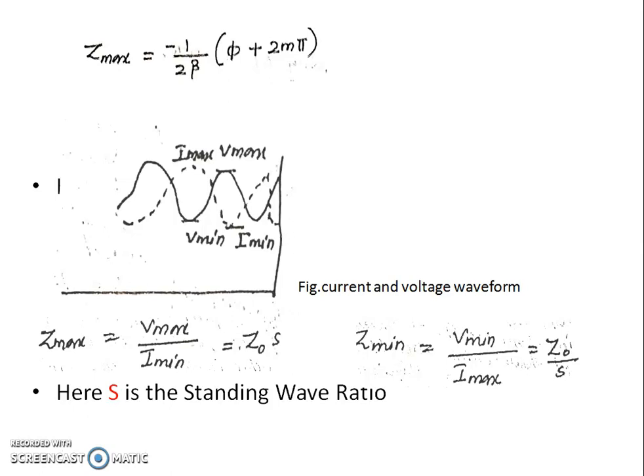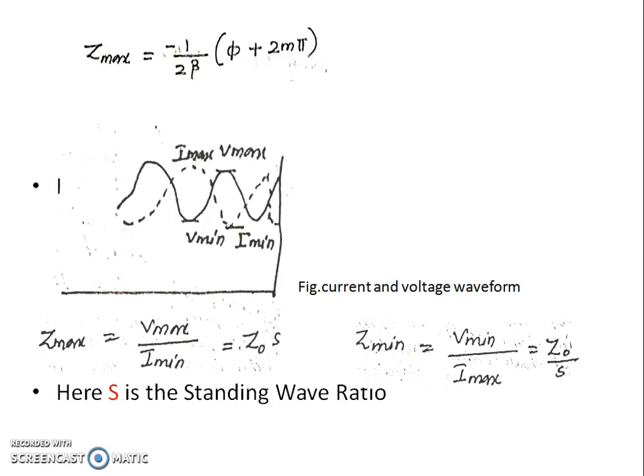So we can say that the transmission line consists of various values of voltages, and the maximum voltage holding point can be found out by finding the minimum impedance, and the minimum voltage holding point can be found out by using the maximum impedance point.